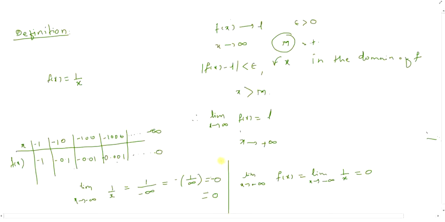So in both cases, as x tends to plus infinity or as x tends to minus infinity, f(x) takes values nearer and nearer to 0. Therefore we can write limit x tends to minus infinity or plus infinity of 1 by x is equal to 0. So remember this, this is very easy.